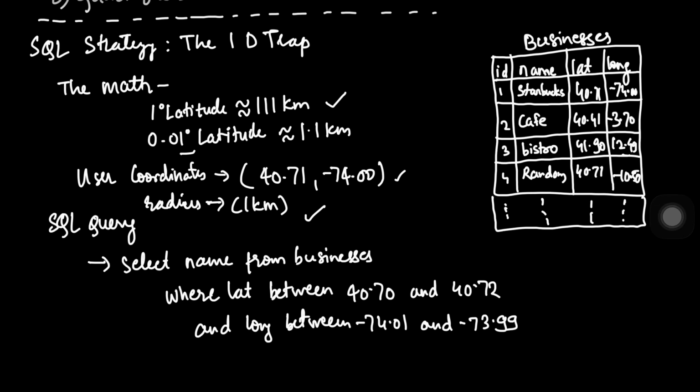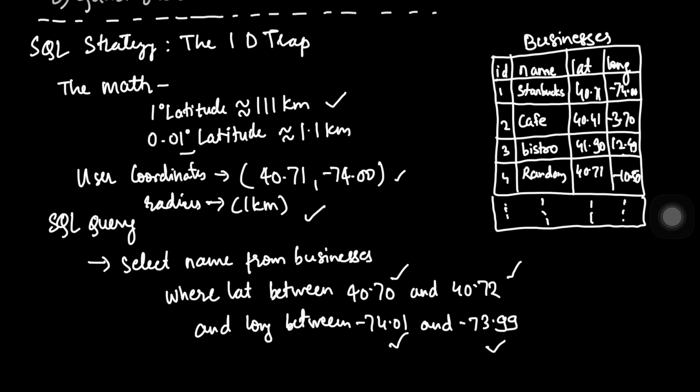If we subtract 0.01 from 40.71, we get 40.70, and if we add 0.01, we get 40.72. We do a similar thing for longitude, and we get minus 74.01 and minus 73.99.